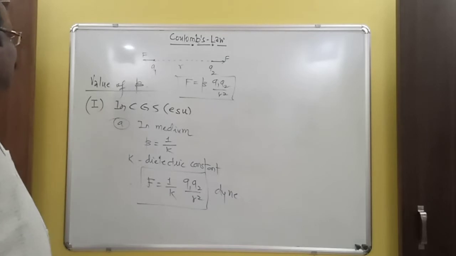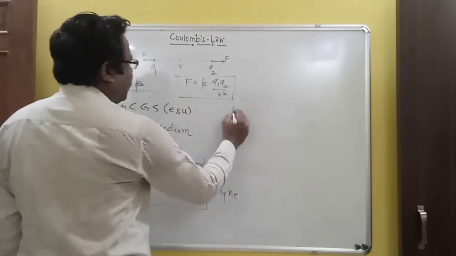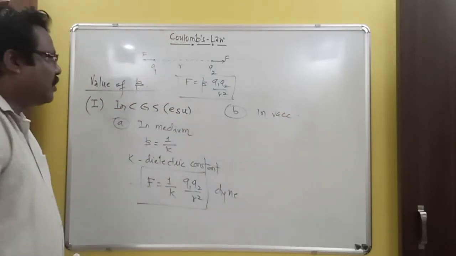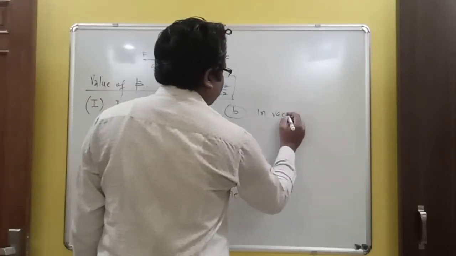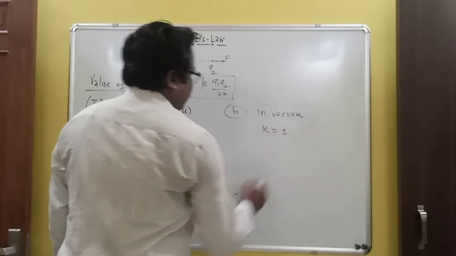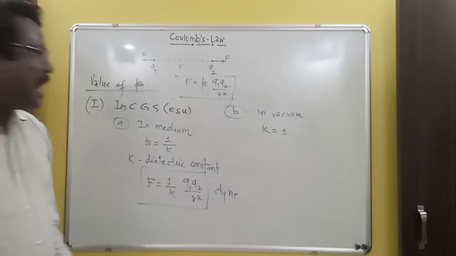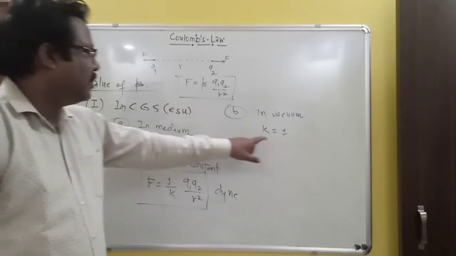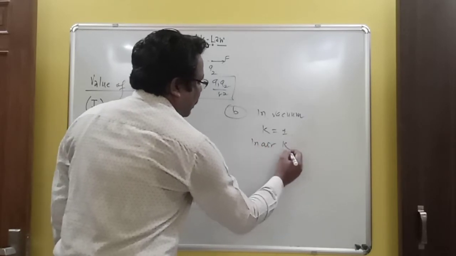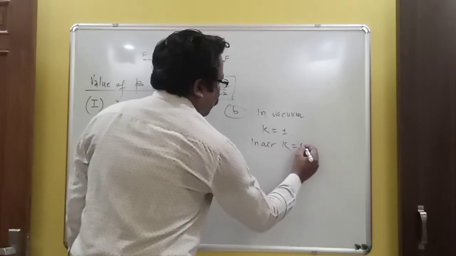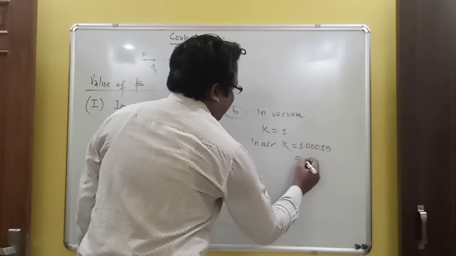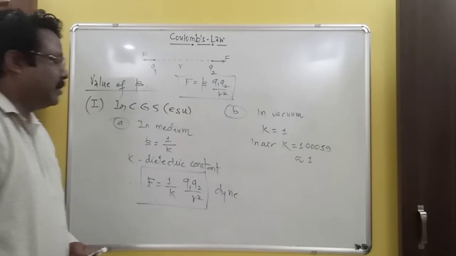Dyne. Secondly, when you observe the beta in vacuum, what will be that? So in vacuum, K is 1. Dielectric constant in vacuum is what? 1. Also in air medium, the value of K is 1.00059, which may be taken nearly equal to 1.